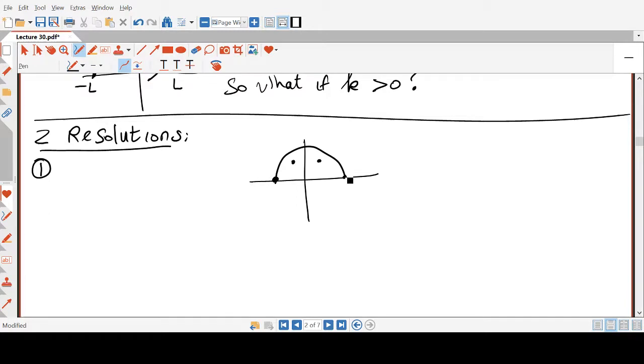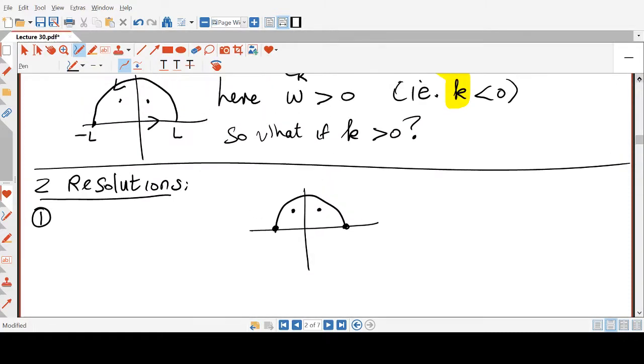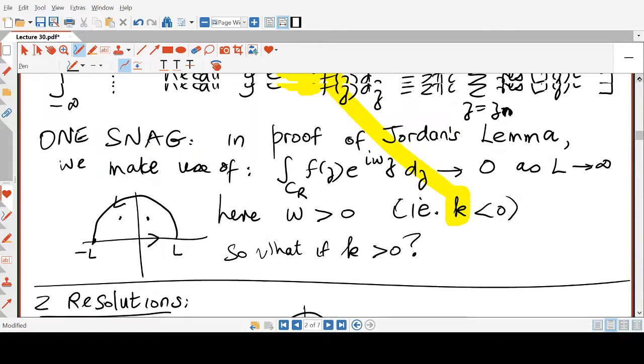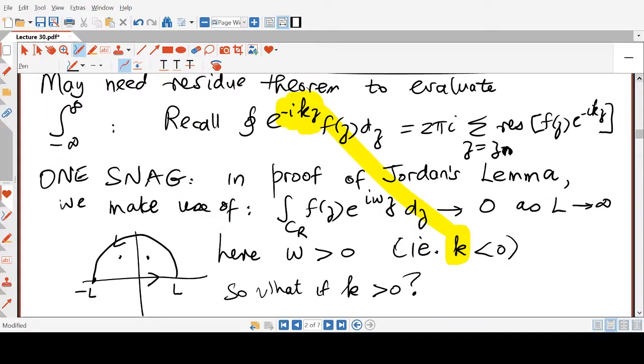The question is, what if you go below the plane, when omega is less than 0, which means that k is more than 0? Just to make that 100% clear, guys, notice here we have minus i, minus k. Here is a plus. So omega being more than 0 means k being less than 0.